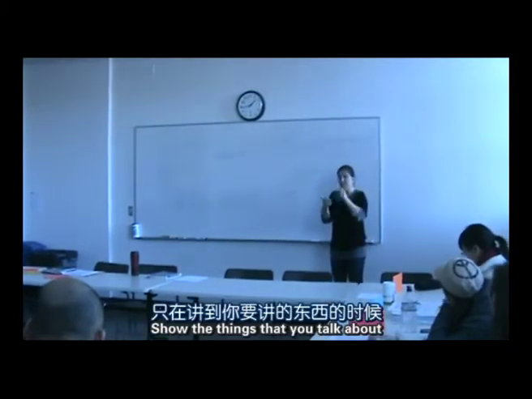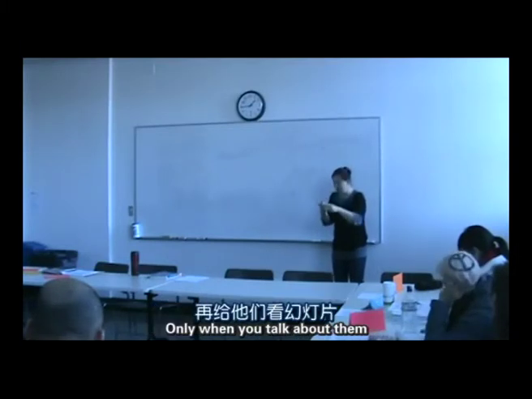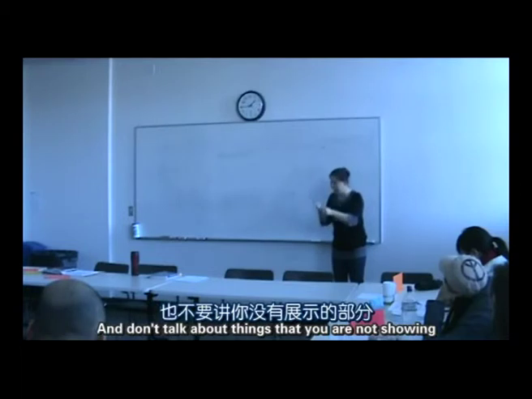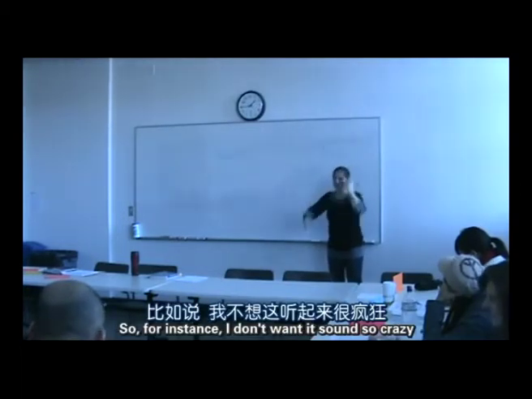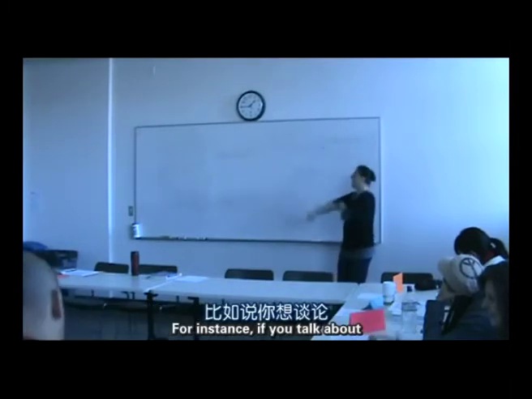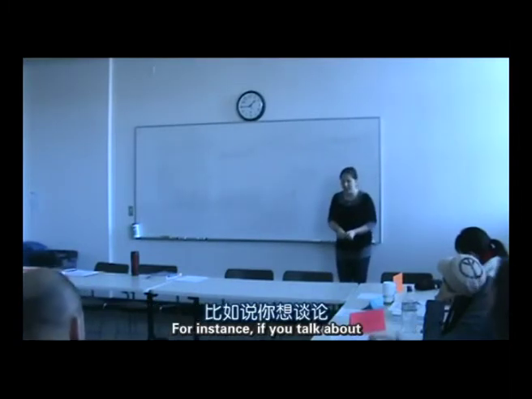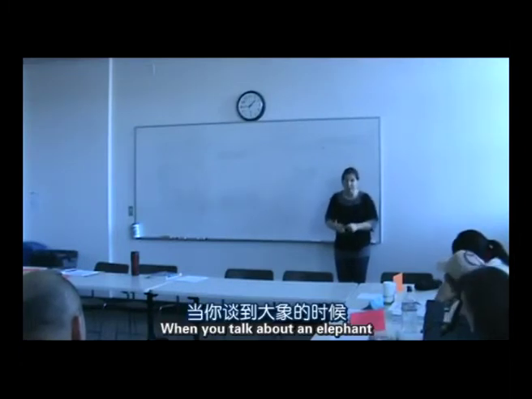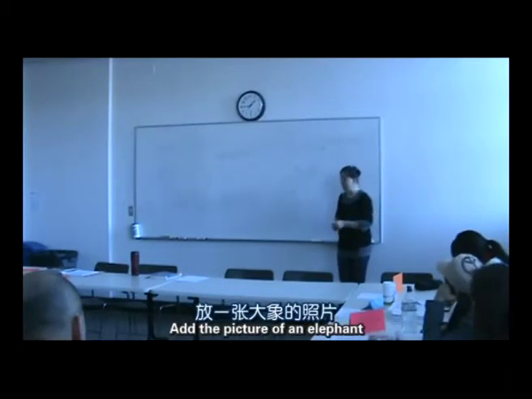show the things that you talk about only when you talk about them. Don't show things you don't talk about, and don't talk about things you're not showing. I know it sounds confusing. For instance, if you talk about an elephant, a zebra, and a squirrel, when you talk about an elephant, have a picture of an elephant.